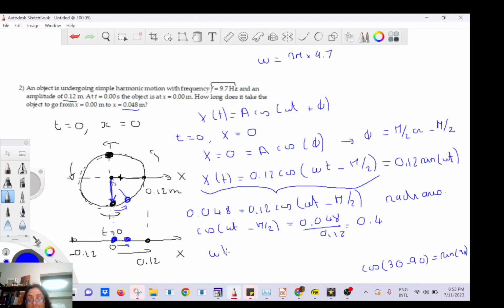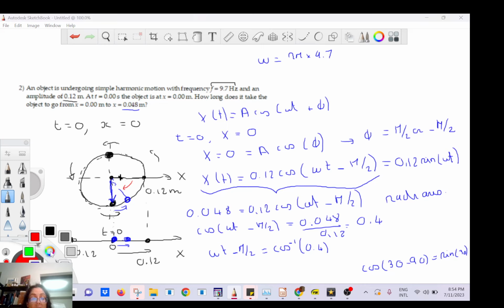So cosine omega t minus pi over 2 equals 0.4, and what we are looking for is that angle here. That angle is going to be negative here.